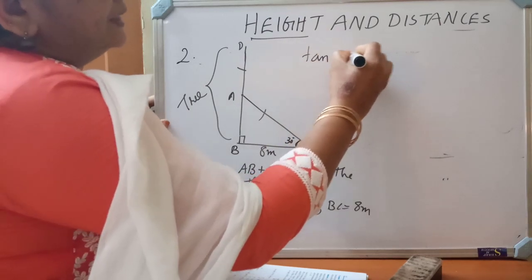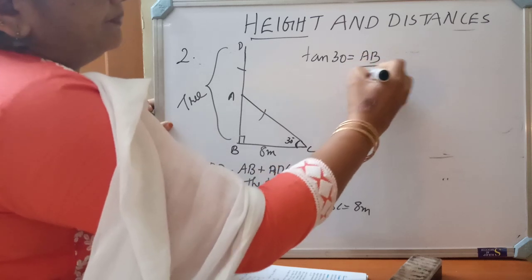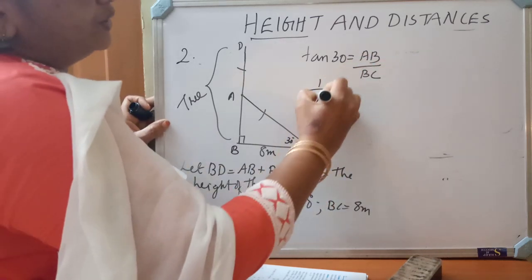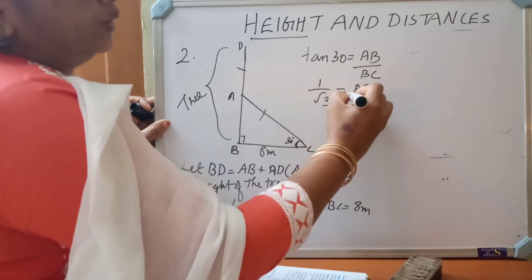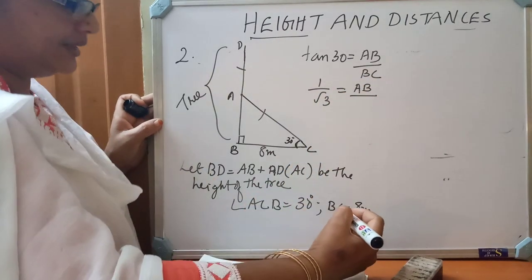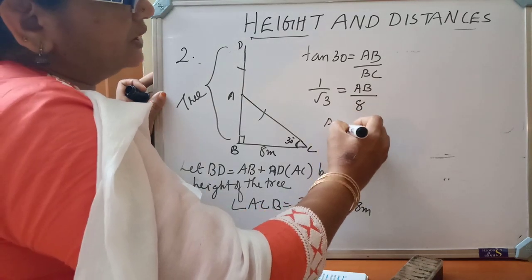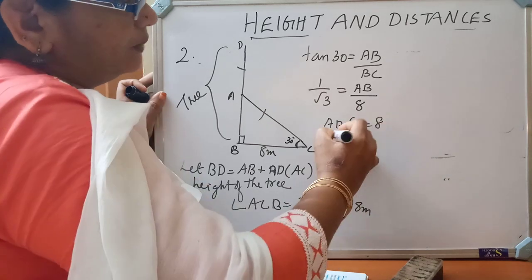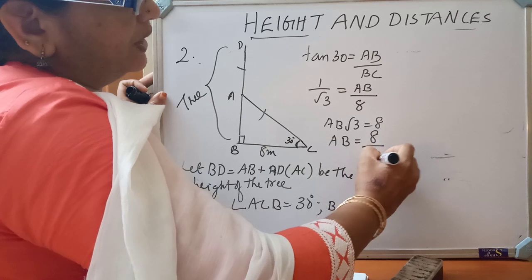Tan 30 is equal to AB divided by BC. Tan 30, the value is 1 by root 3. That is equal to AB. We don't know the value of AB, so you write as it is. BC as 8. So AB root 3 is equal to 8. So what about AB, children? AB is equal to 8 divided by root 3.